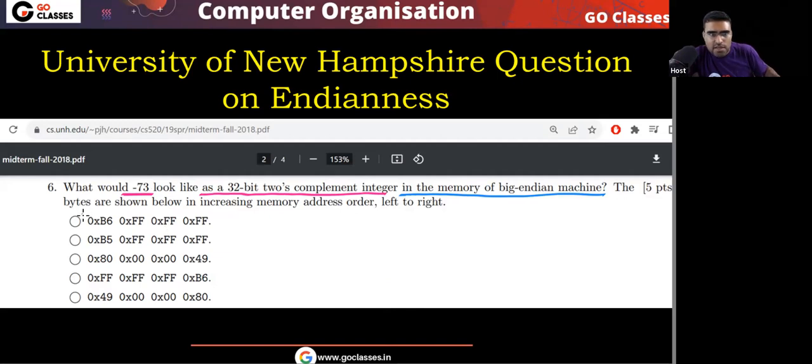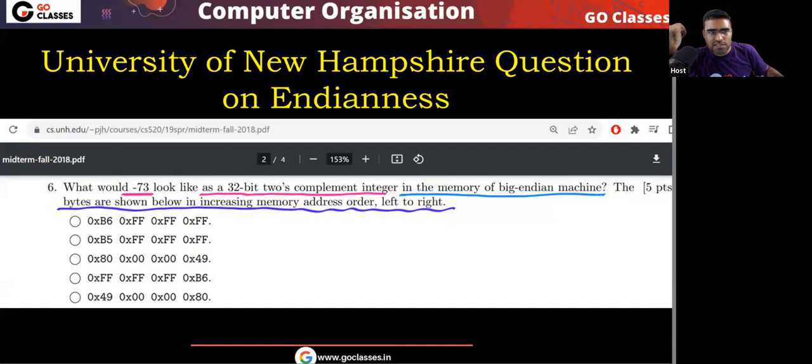The question says the bytes are shown below in increasing memory address order, left to right. So in all these options, the bytes are shown in increasing memory address order from left to right. So tell me what is the answer.